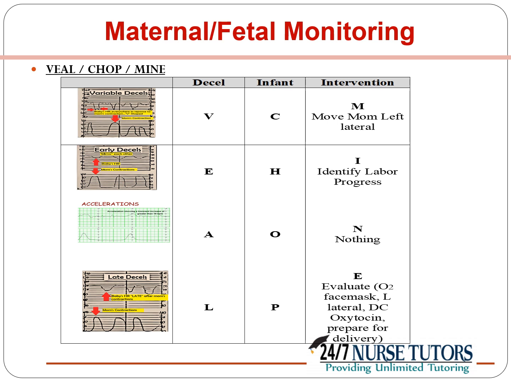E is for early decels, and this means the baby's head is being compressed. What's your intervention? Identify labor progress. A is for accelerations, and they're okay. Intervention? Do nothing. L means a late decel, and that means the placenta is insufficient.